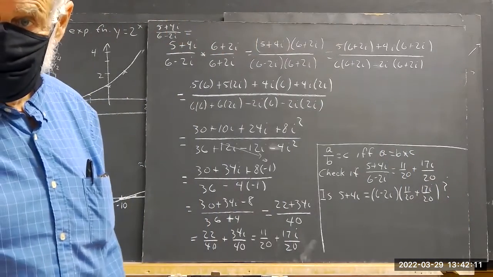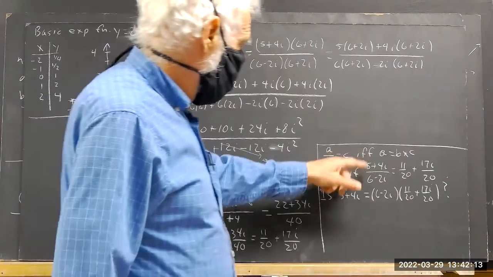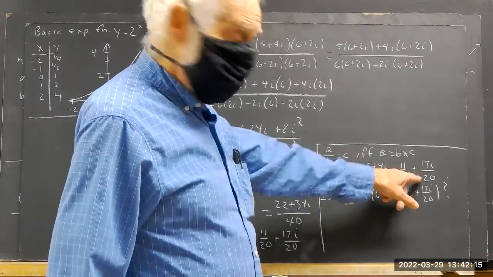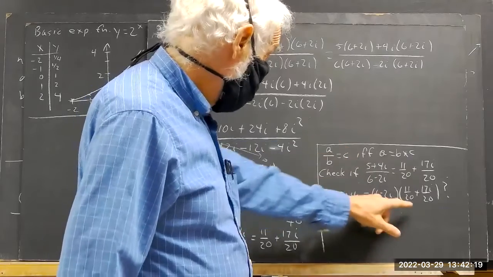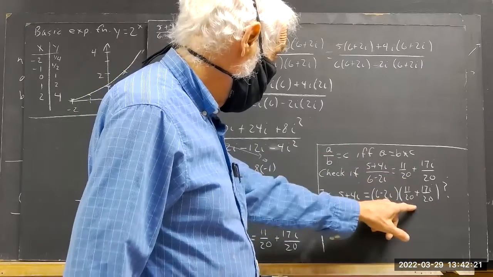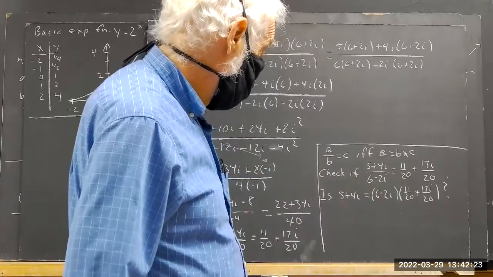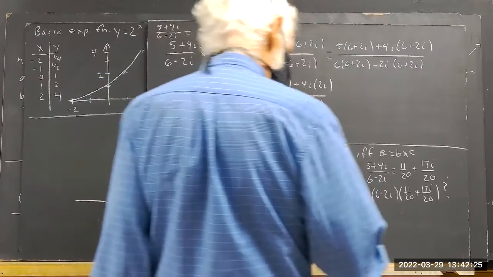This divided by this equals this means this times this equals this. That's exactly what I've got. This times this times this, and it's got to equal this.